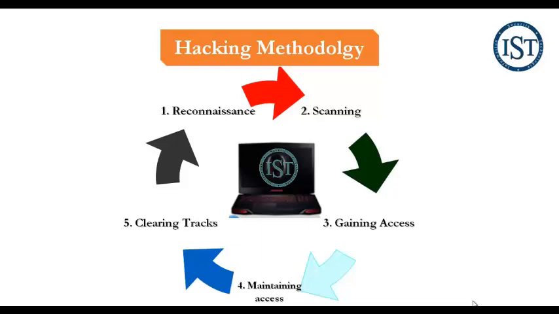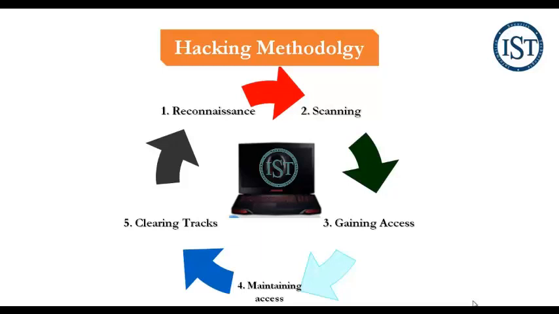And the next one is scanning. In this step, the attacker tries to scan the target using some tools like Nmap, and he will try to gather the information. This scanning step is also known as active information gathering.